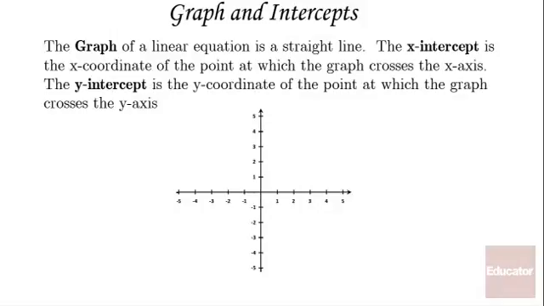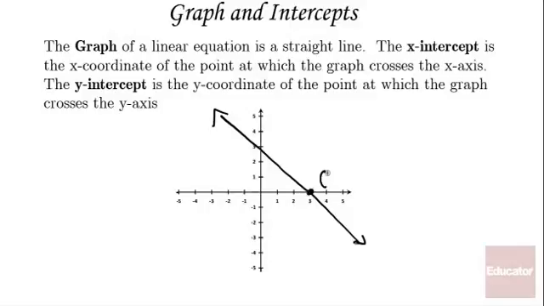The graph of a linear equation is a straight line, so it's linear. For example, a linear equation might look like this. So I have a straight line. The x-intercept is the x-coordinate of the point at which the graph crosses the x-axis. So looking at this, the graph crosses the x-axis at 3.